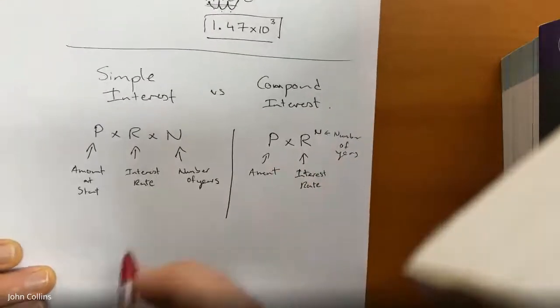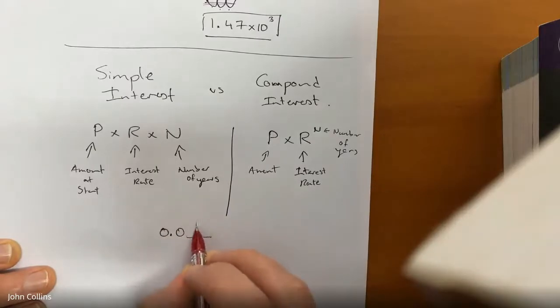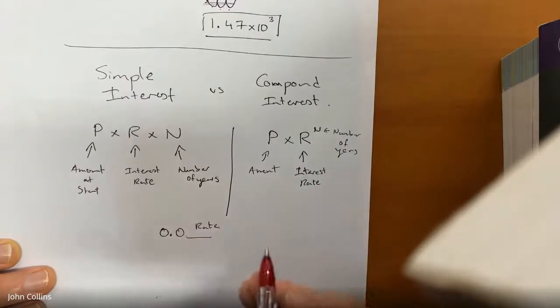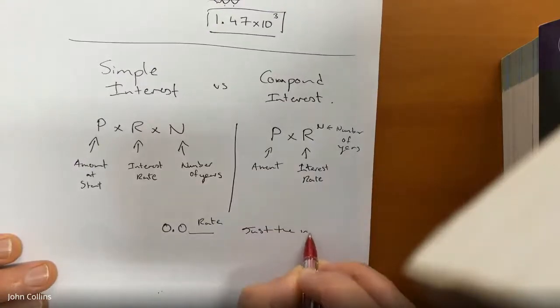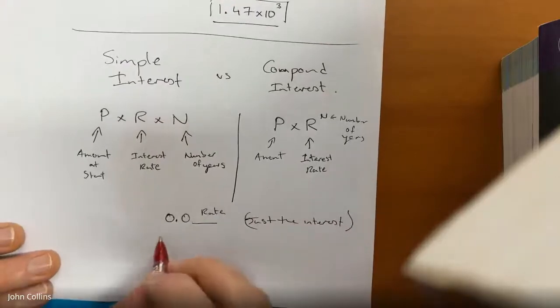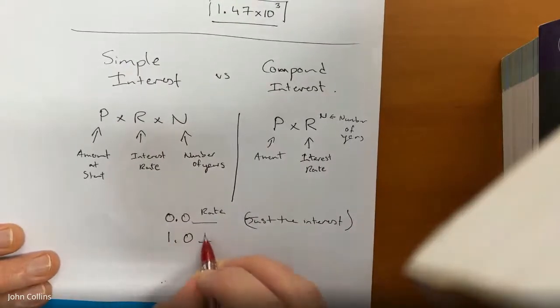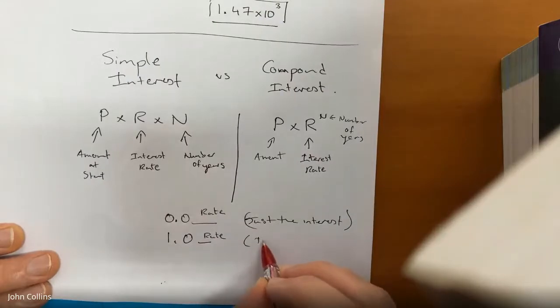Now the interest rate on either of them, if you put it in as 0.0 whatever the interest rate is, that will give you just the interest. If you put it in as 1.0 whatever the rate is, that will give you the total amount.